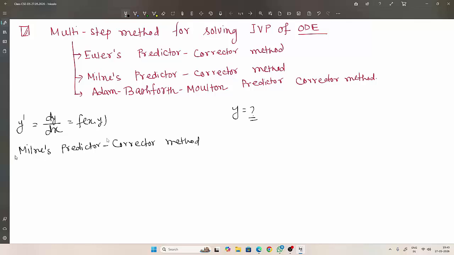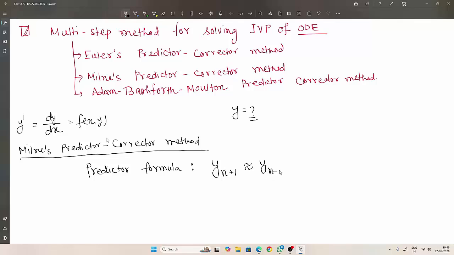What will we do here? What is the formula here? Milne's predictor corrector has two parts, and you have to remember these two formulas. First, the predictor formula. It says that y of n plus 1 is approximately y of n minus 3 plus 4h by 3 into 2y of n minus 2 dash minus y of n minus 1 dash plus 2y of n dash.